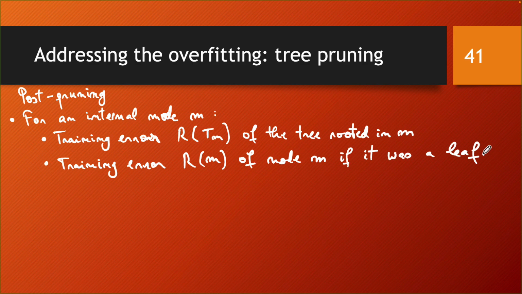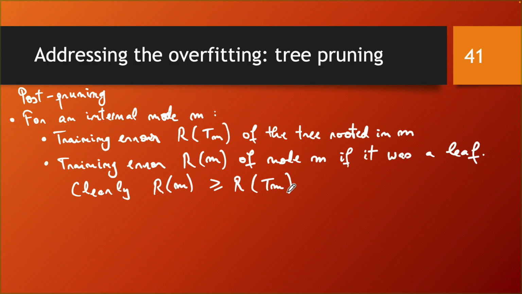So, when you calculate these two numbers, clearly you are going to have that the training error R(M) is larger than R(T_M). And I'm saying clearly because obviously, by taking more queries, you are making sharper questions, you are splitting your data set.